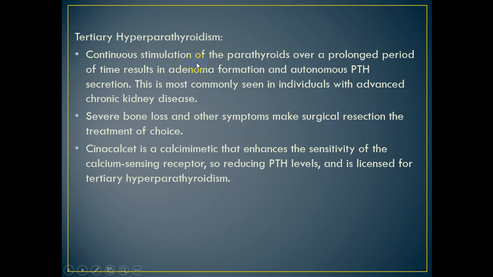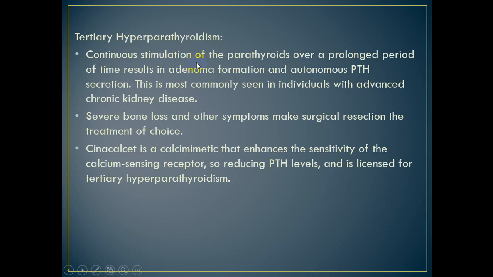It is most commonly seen in individuals with advanced chronic kidney disease. Because most patients with tertiary hyperparathyroidism have a prolonged course of secretion of parathyroid hormone, they have a lot of complications like severe bone loss and marked deterioration in renal function.